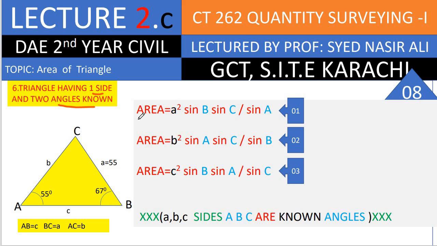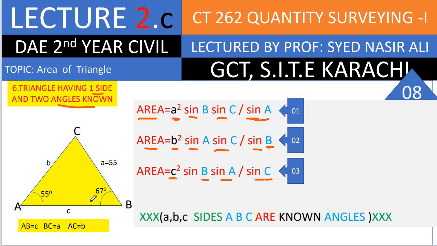For formula, area is equal to A square sine B into sine C upon sine A, or B square sine A into sine C upon sine B, and the third formula is C square sine B and sine A upon sine C. You can see here that in the denominator the angle is A with respect to the side A. Here is the angle B with respect to the side B. Here the angle C with respect to the side C.